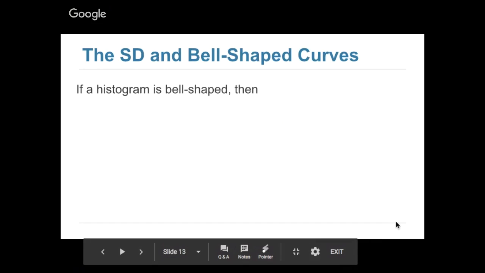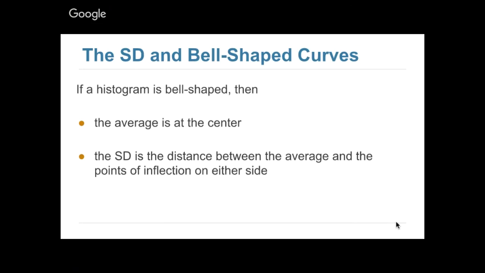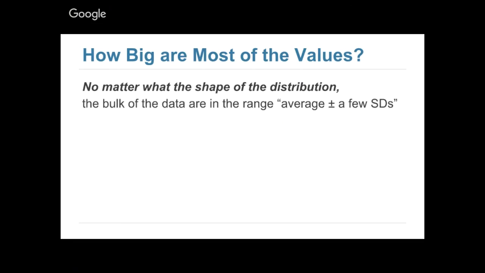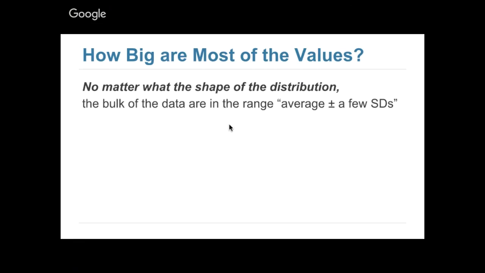So it turns out, as I mentioned, if my histogram is bell-shaped, then I look at my average, and I go from the average to an inflection point that lets me roughly estimate the standard deviation just at a glance. Now, if our data are normal, we know that even if our data are not bell-shaped, because of Chebyshev's inequality, most of our data are in the range average plus minus a few standard deviations.